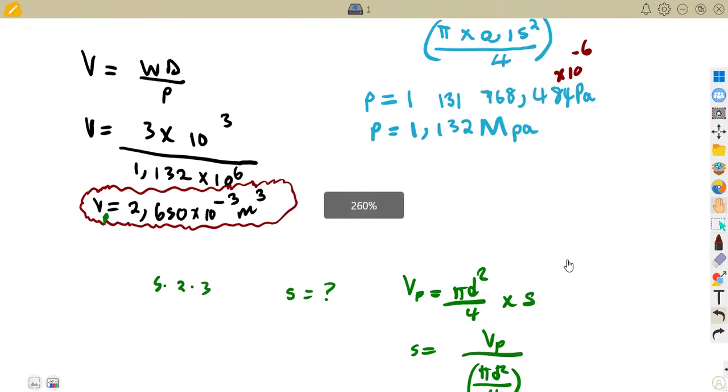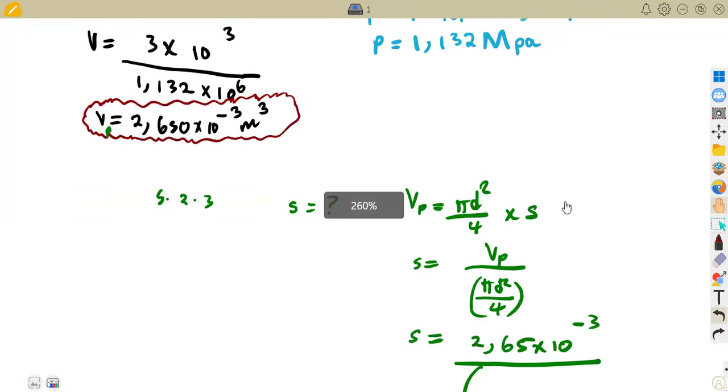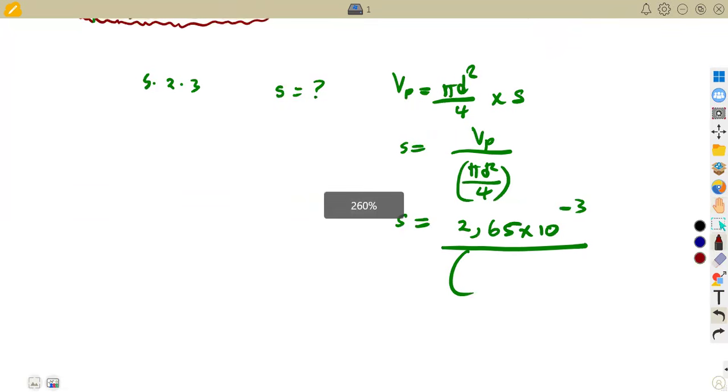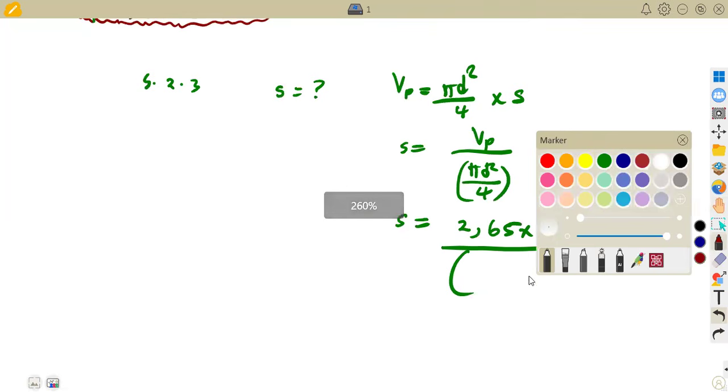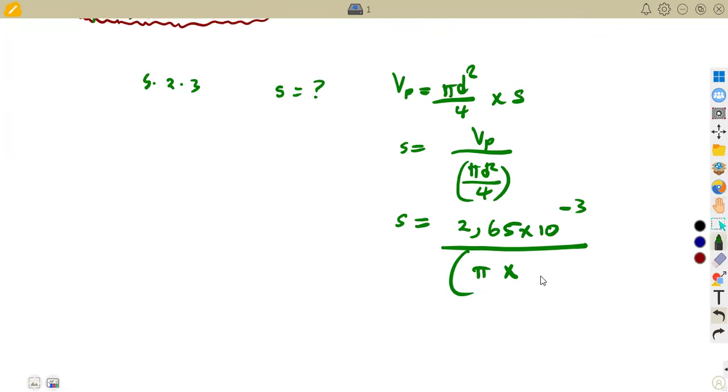So we are just substituting our pi d squared as it is. So that was pi times the diameter. We said 0.15 squared over 4. That is the diameter of the plunger. So this is going to give us the stroke length. And that is going to give us something like 0.14995, like that.